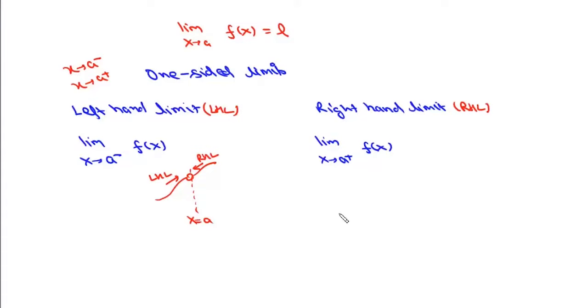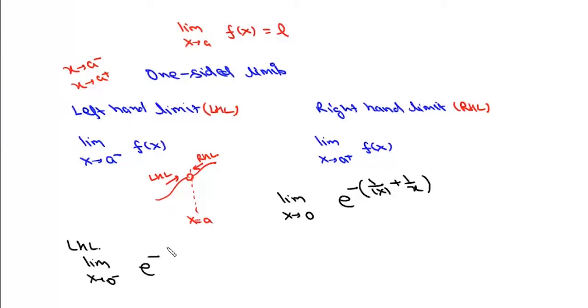Say for example, I'm given this limit, x tends to 0 of e to the power minus 1 upon mod x plus 1 by x. Now if we want to write its left hand limit, it will be simply the limit x tends to 0 negative e to the power minus 1 upon mod x plus 1 by x.